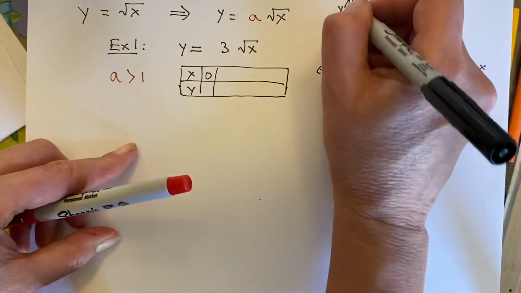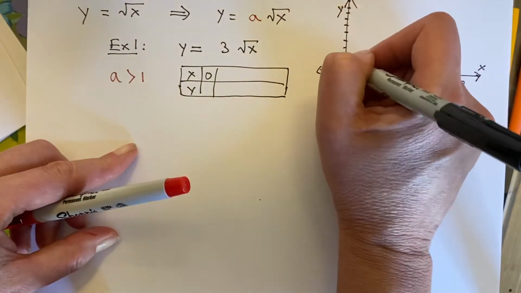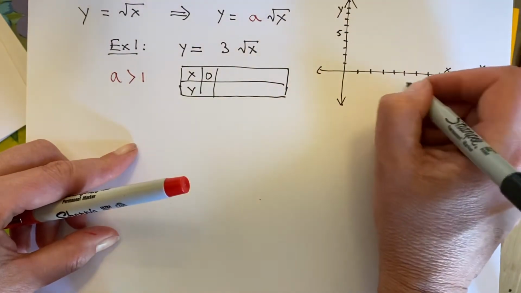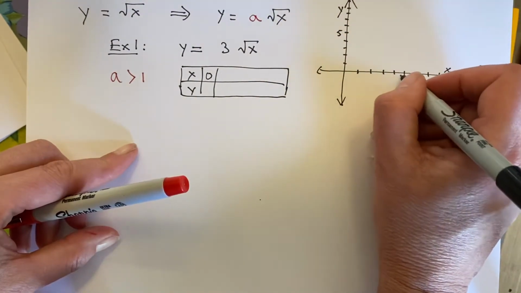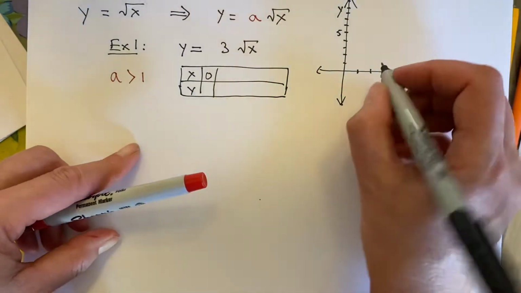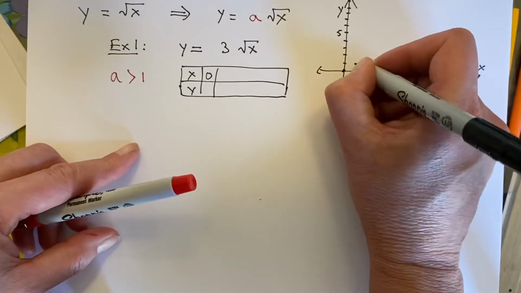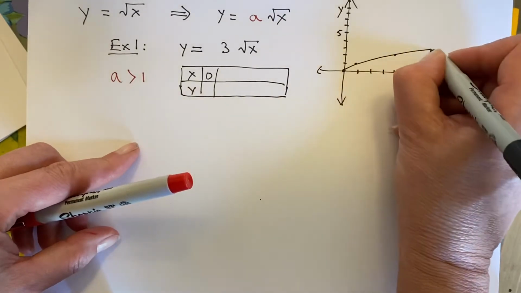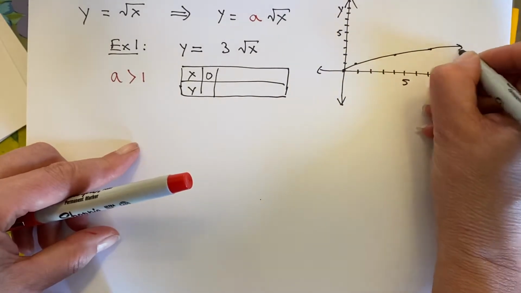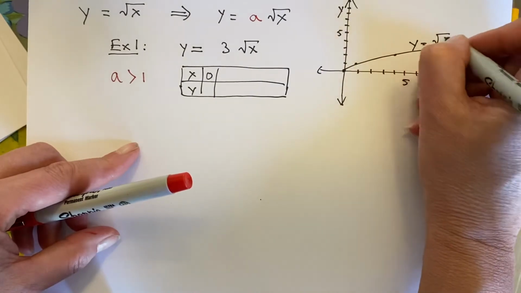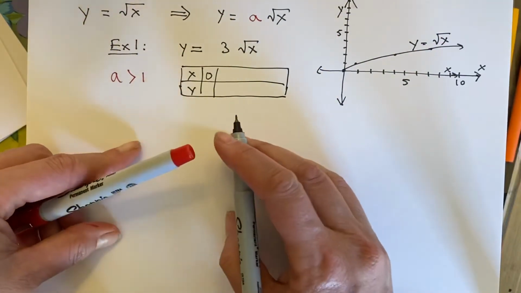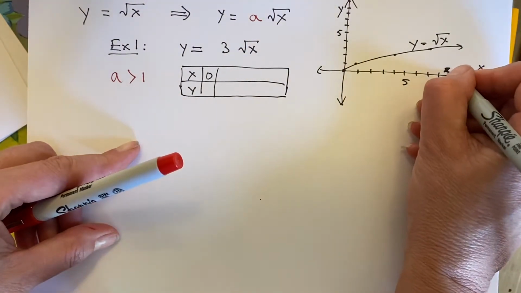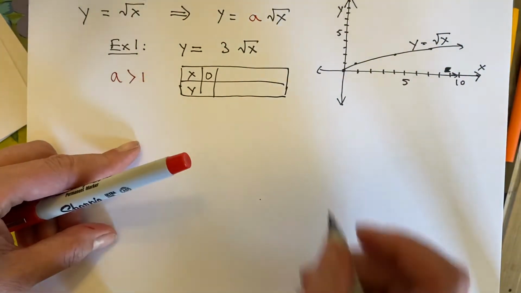Okay, and I'm going up to, let's see, so let me go back and do my parent function, 0, 0, 1, 1, 4, 2, because we're going to compare our new function to our parent function, y equals square root of x. All right, now we'll put in the numbers for our new function. Let me just black that out so we don't think it's part of the whole package.